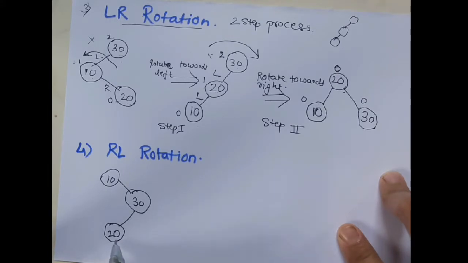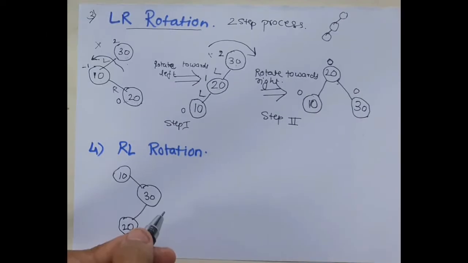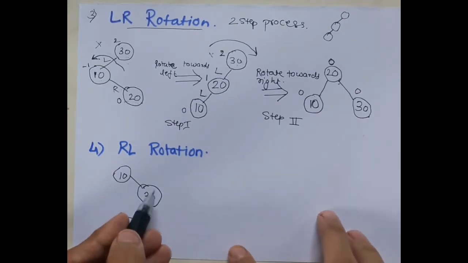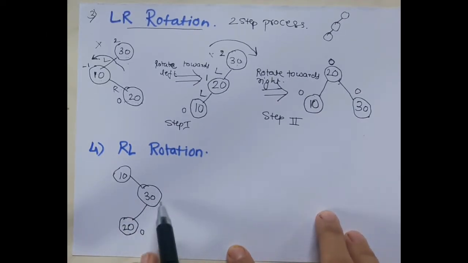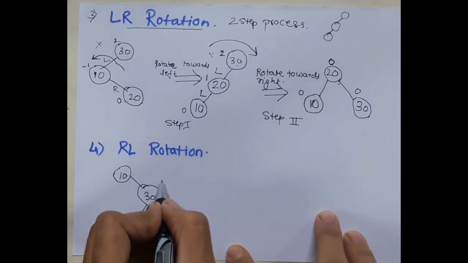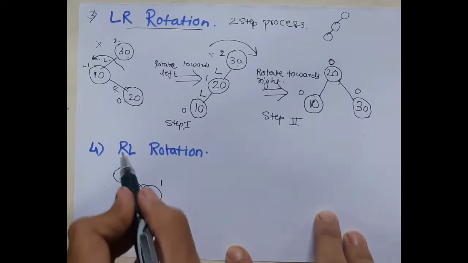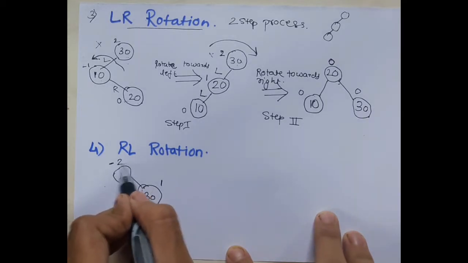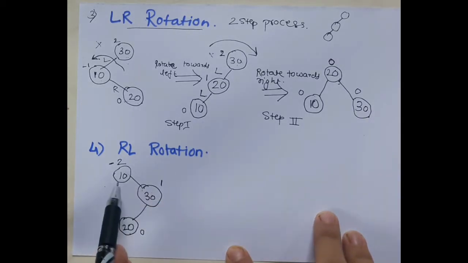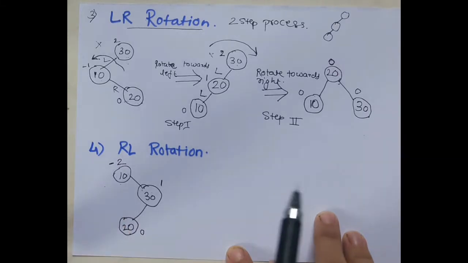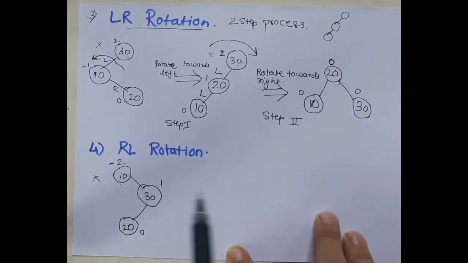So balance factor for 20 is 0 because 0 minus 0 is 0. For 30, the balance factor will be 1 minus 0, that is 1. And for 10, the balance factor will be 0 minus 2, that is minus 2. Okay, so for root 10, the balance factor is minus 2, which is not acceptable. Hence, this tree is not balanced.